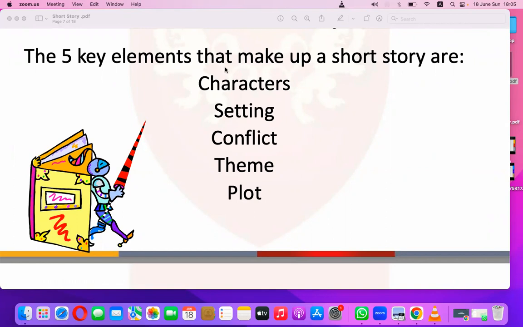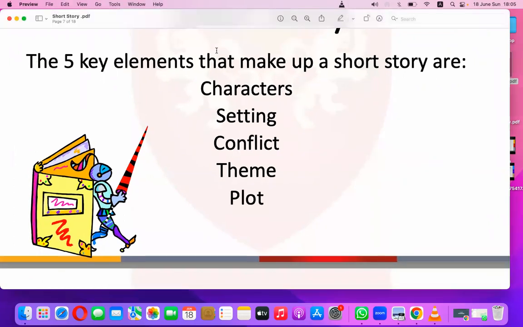So, can you please read this part? Ms. Adil, can you read this one, please? Ms. Adil, can you hear me? Can you hear me?